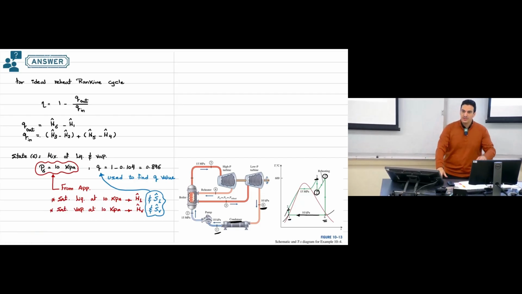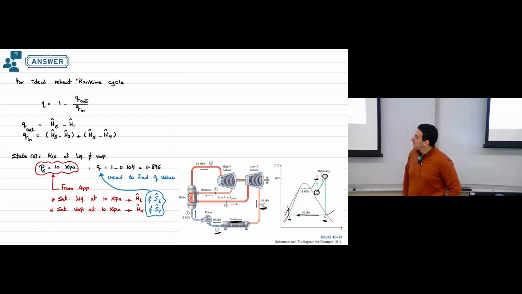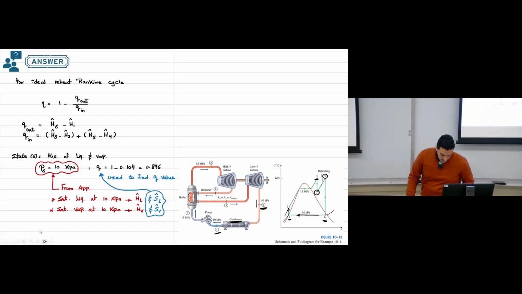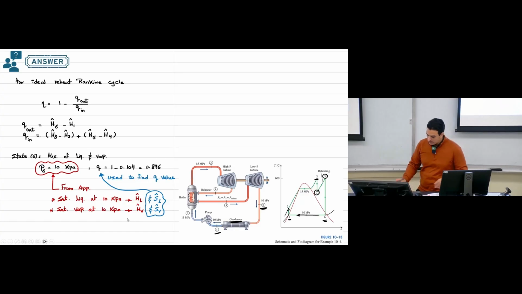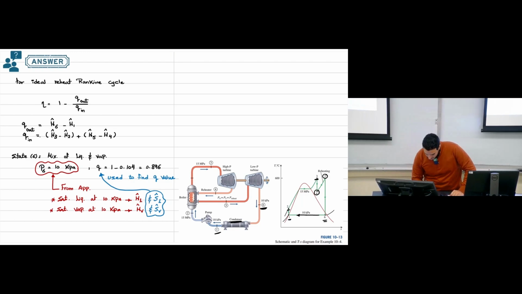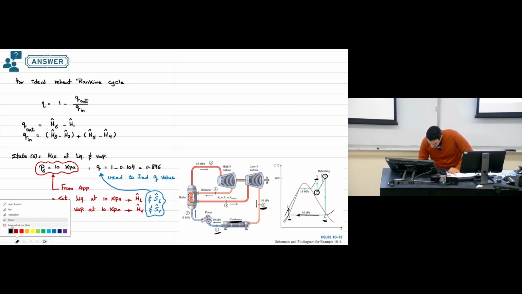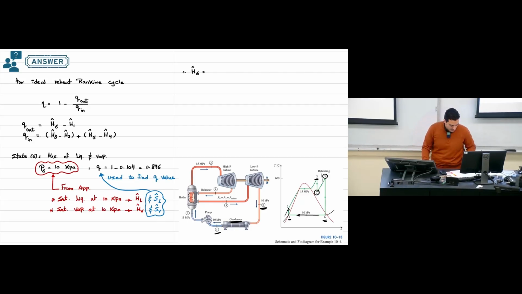But again, it's given in this example, so we didn't find the entropy for liquid and vapor, only enthalpy will be fine. Then we can substitute in this equation that calculates enthalpy.